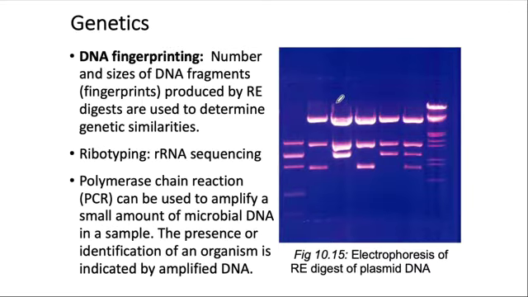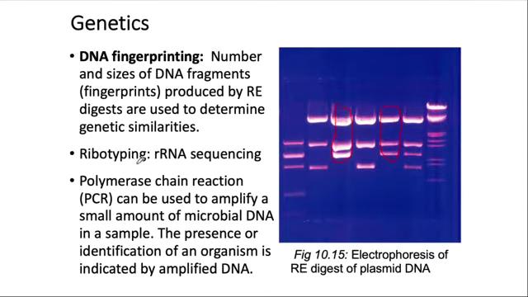If we look at our example here, this and this look quite similar, and so you can tell that they are closely related or it's the same organism that you're looking at.